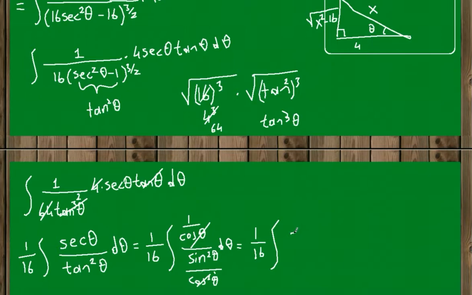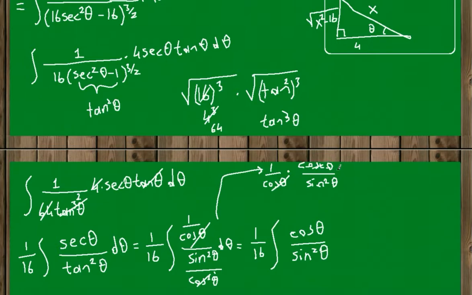Here what we did is keep, change, flip: 1 over cosine theta times cosine squared theta over sine squared theta. And cosine cancels out one factor of cosine above. So cosine theta over sine squared theta is left.